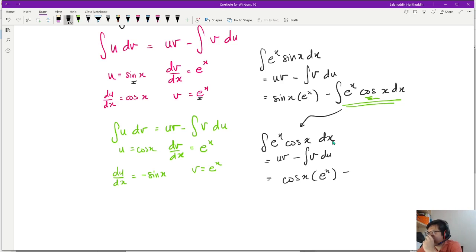Now I need to minus the integral of v, e to the power of x, and then du, which is minus sine, so I got minus sine there. If you notice this here is the same as this here. Can you see that?